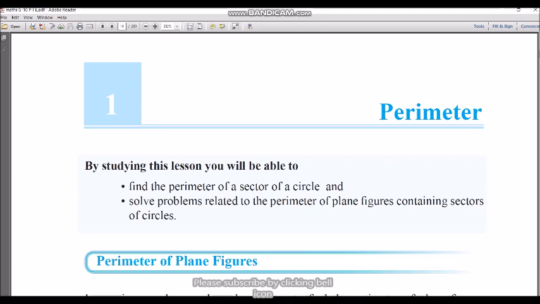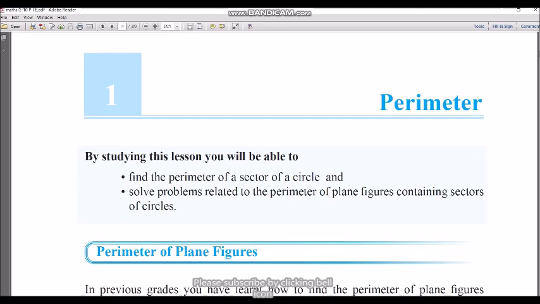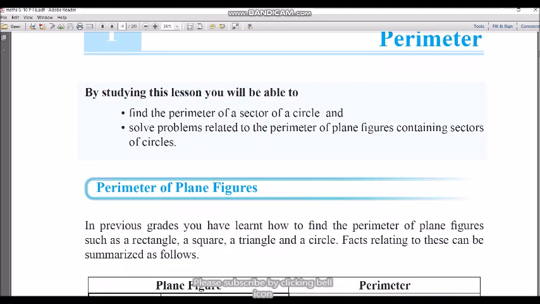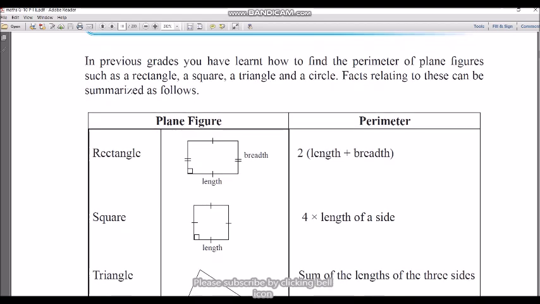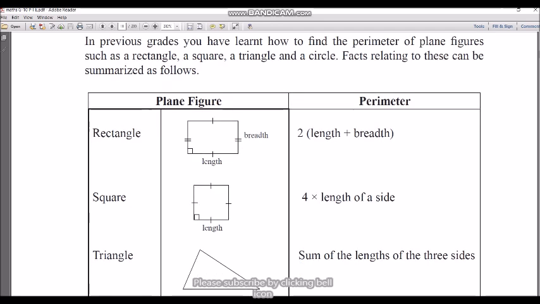So in this first video we are going to discuss the first lesson in the grade 10 textbook, that is perimeter. We know the perimeter is the path surrounding a two-dimensional shape. These are the simple shapes that we learned in our earlier grades.